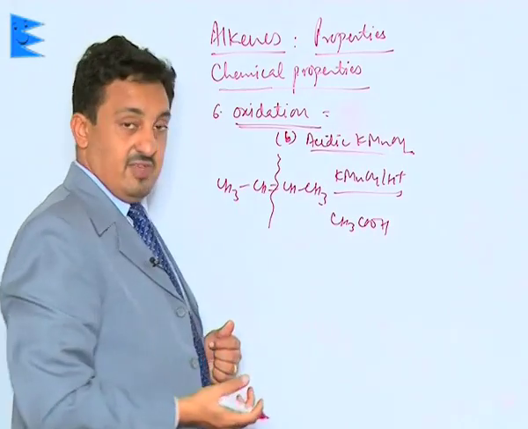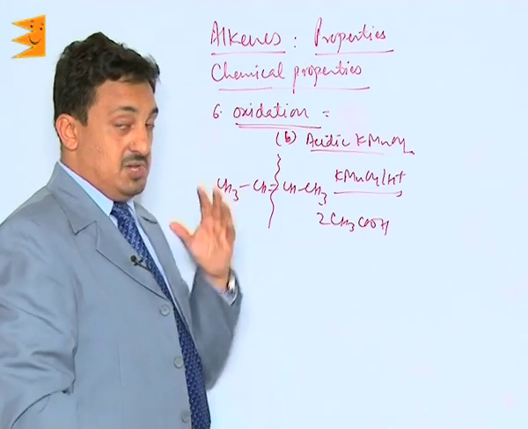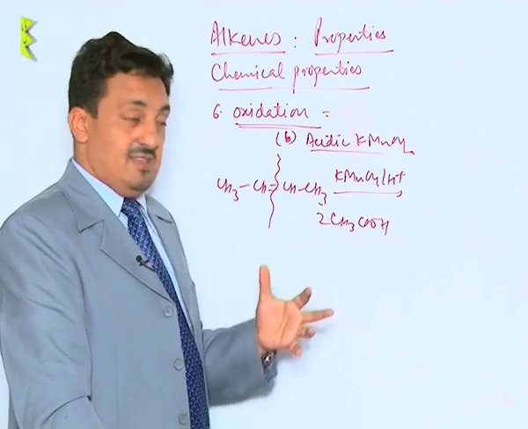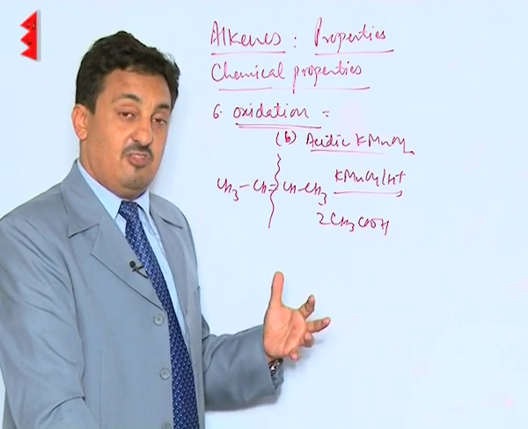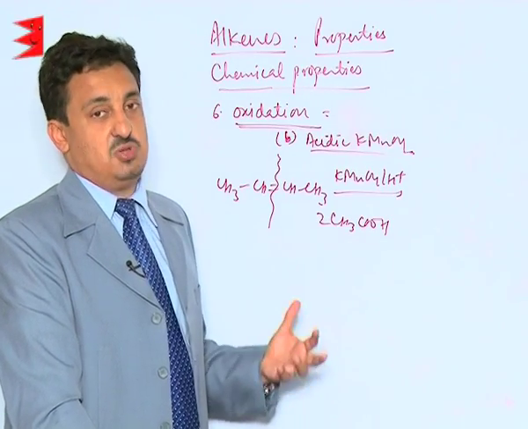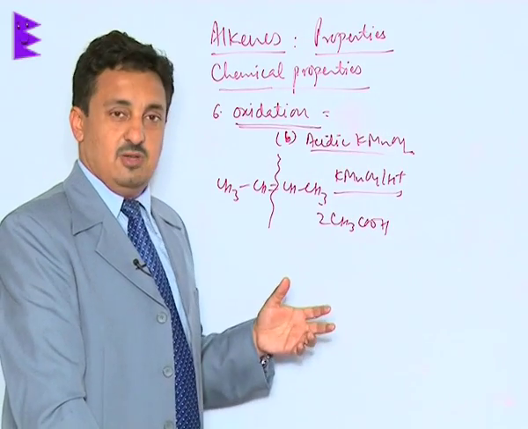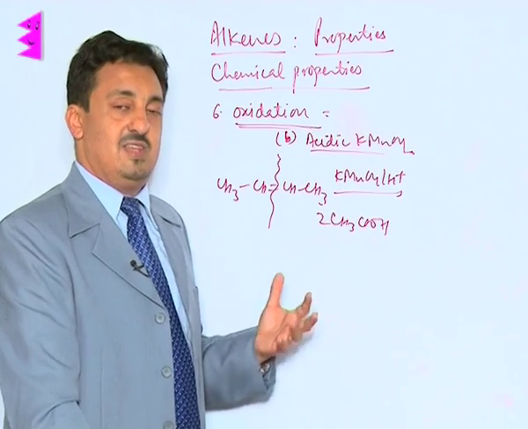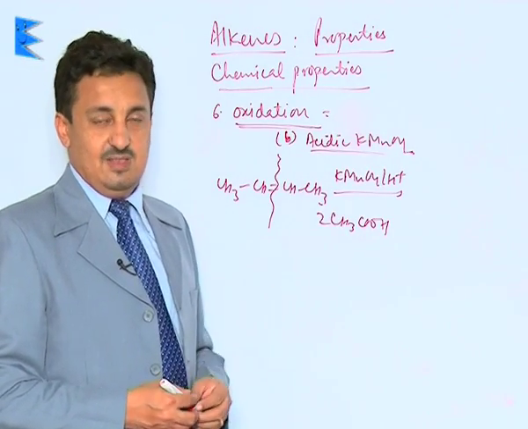Since it was a symmetrical alkene, we get 2 molecules of acetic acid. Also need to remember the permanganate color of KMnO4 gets decolorized, so that's why the decolorization of the KMnO4 is again an indication of the presence of an unsaturation or a double bond in the organic compound, and it is one of the tests to distinguish between saturated and unsaturated, or an alkane and alkene.